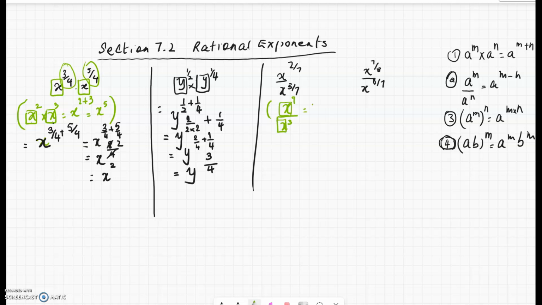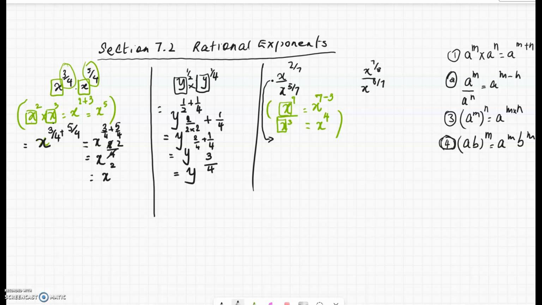So write down the same base, and for division, we subtract the exponent of the denominator from the exponent of the numerator. So exponent of the numerator minus the exponent of the denominator. So we have x to the 4th power. For division of two numbers with the exact same base, we subtract the exponents.